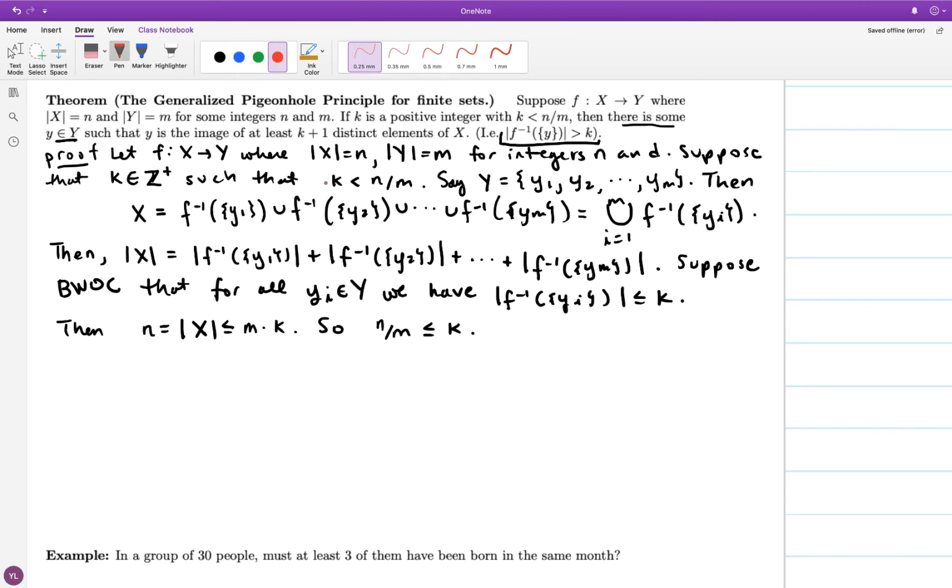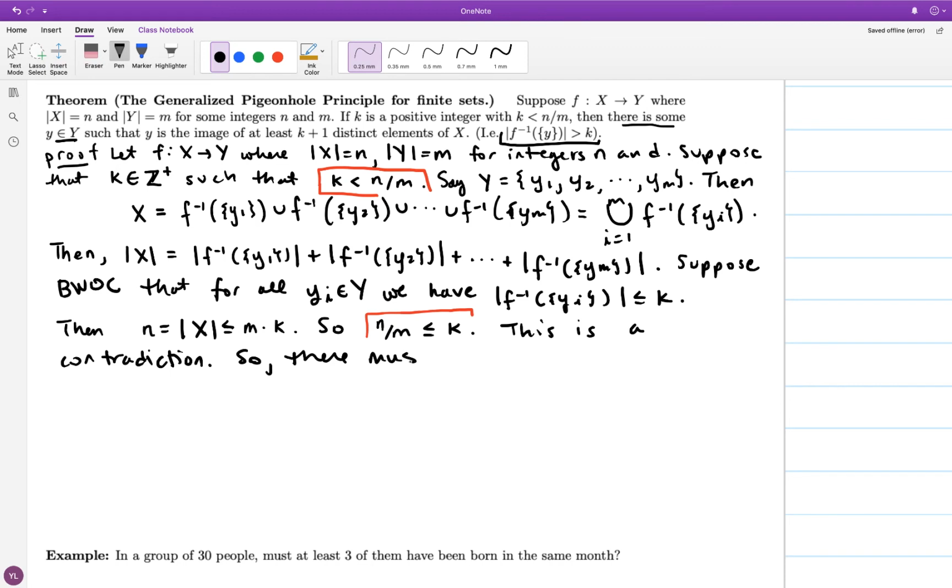But this, of course, contradicts the assumption that's made right here. So this is a contradiction. So there must be some y in Y such that there are at least k plus 1 elements that get mapped to y. This is the concise way of saying that.